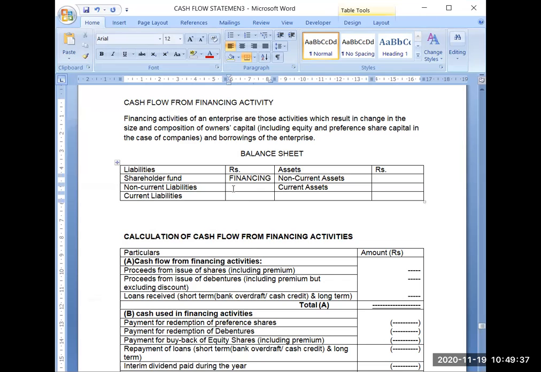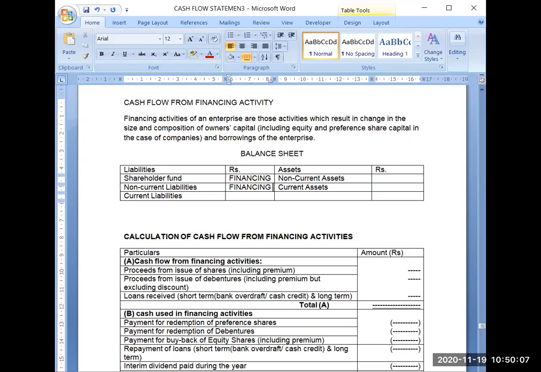Similarly, non-current liabilities, like if you are issuing debentures or bonds, or you are making repayment of debentures or bonds, you are paying any interest on borrowed funds, you are borrowing from any bank or from any company in any manner, that is also a part of financing activity. Public deposits, term loans, mortgage loan, these all.